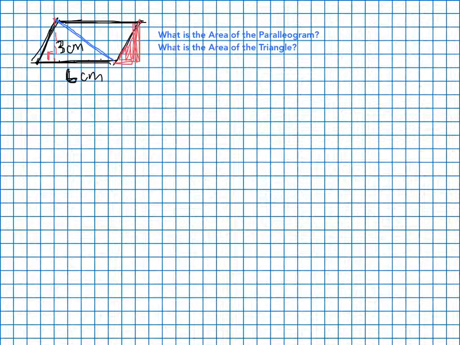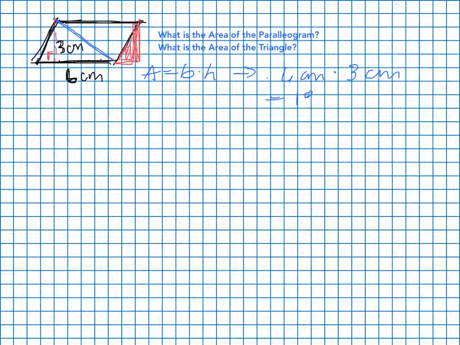So the formula for the area of a parallelogram is similar to the formula for the area of a rectangle: area equals base times height. In this case, we know the base is 6 centimeters and the height is 3 centimeters. So our area is going to equal 18.